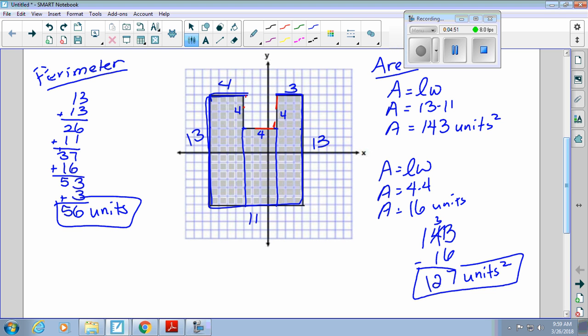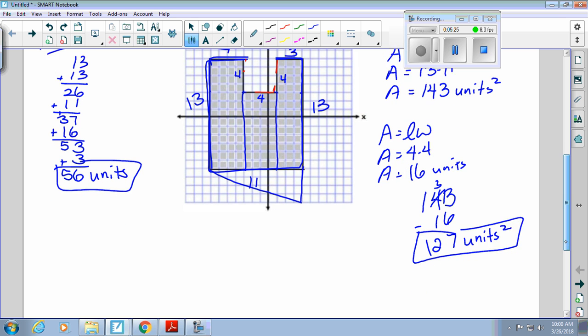Some kids said, couldn't you just count the boxes? Well, you could, but as soon as you have a diagonal line in there, you'd be done. Let's say it was like that shape, you'd have to add that triangle on there too. You can't just count those because these are partial ones and you're not going to eyeball that correctly. Any questions on that? Did you get the right answer when you did it your way? Yep, there's more than one way to do this. And if you did it all correctly, it should come out, regardless of which method, as 127 units squared.